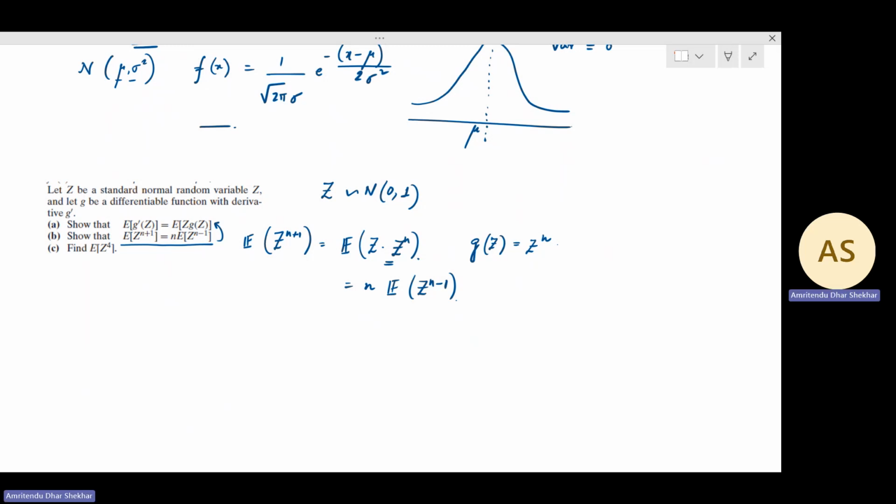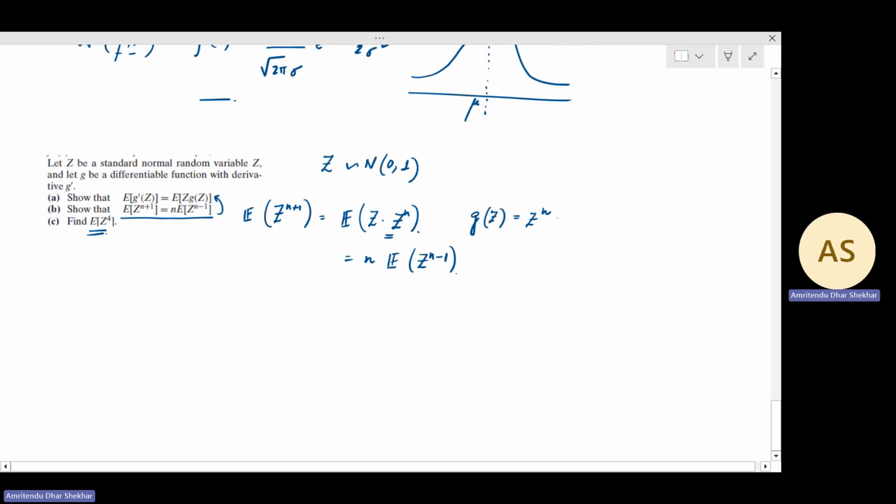This gives us an iterative formula to compute the expectation of z to the power 4, because you need the expectation of z to the power 0, which is 1.